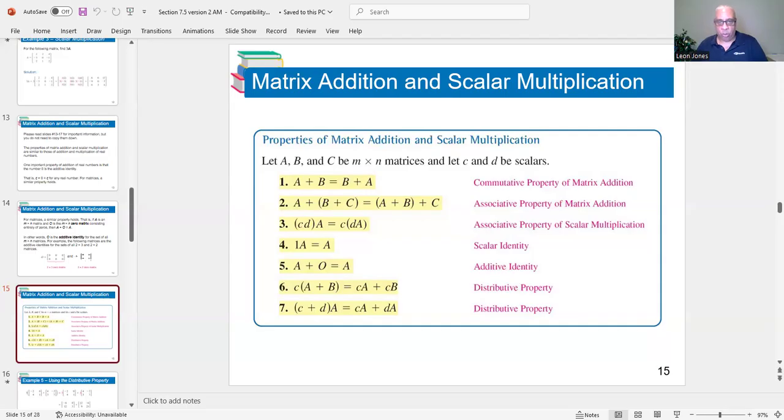Now, it can also go the other way: c plus d times A. Well, I'm getting A to be distributed into the operation in the parentheses, c plus d. So I'm distributing A into that operation of addition. This is where I get lowercase c times uppercase A plus lowercase d times uppercase A.